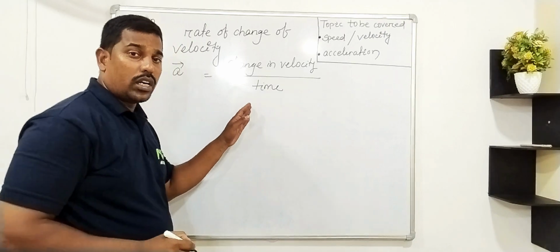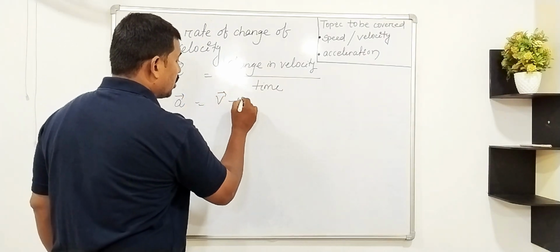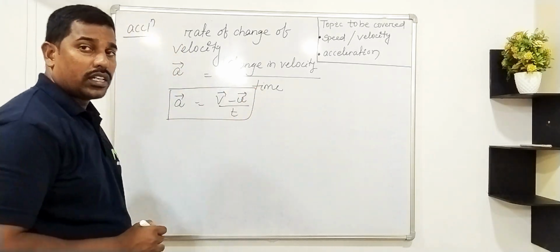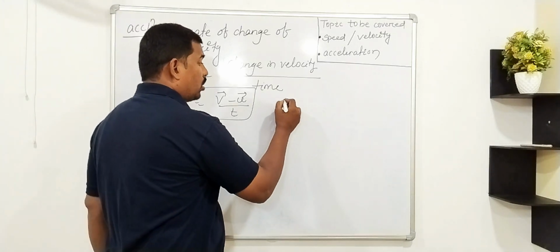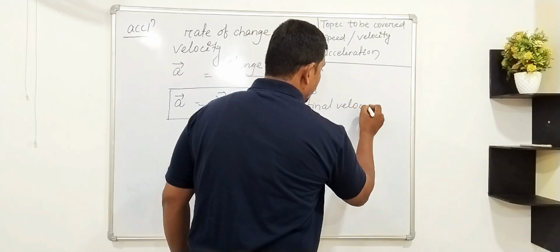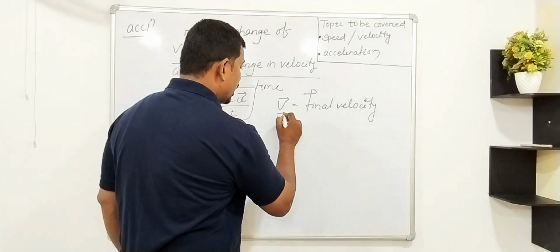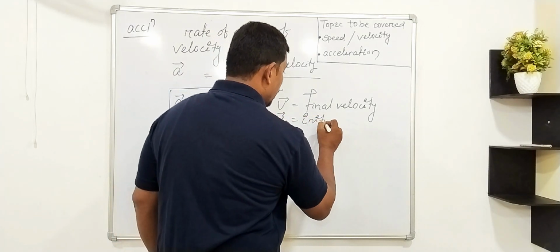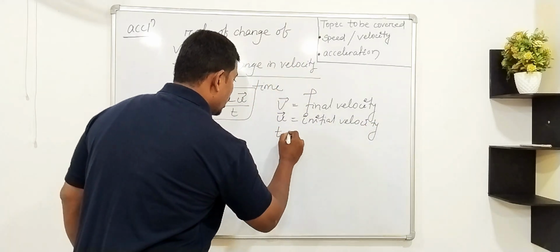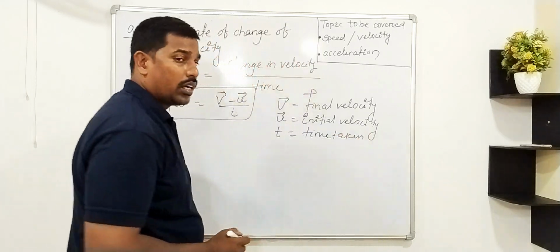Mathematically, a is equal to v minus u by t, where v is the final velocity, u is the initial velocity, and t is the time taken.